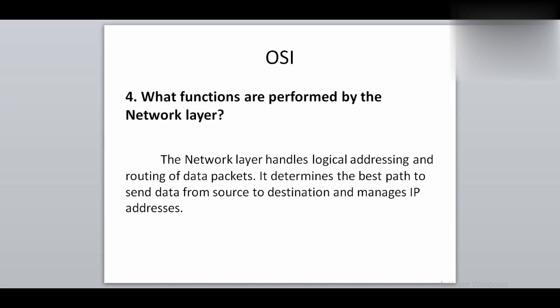Logical addressing means IPv4 is 32 bit and IPv6 is 128 bit. There are multiple paths from source to destination, but with the help of the network layer, they find the best path to send a data packet from source to destination.